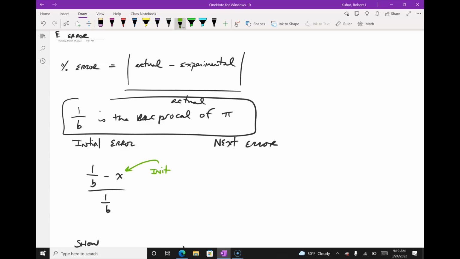Does that make sense? If you say 1 over pi is 0.3, that's your initial guess. And so we're going to calculate the percent error there. Okay? 0.3 is pretty damn close, isn't it?